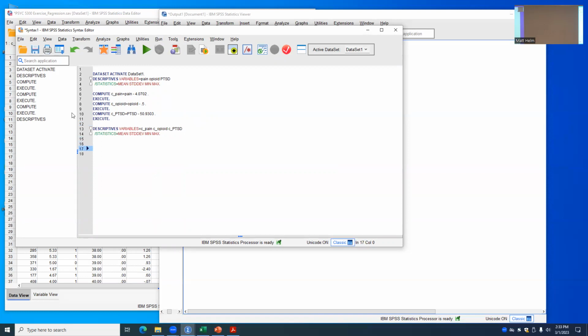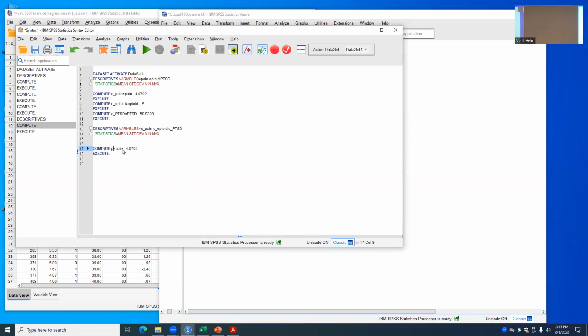Okay. What I am going to do though, now that I've got everything centered, is create my interaction terms. My first interaction is going to be my interaction of pain and PTSD, okay?